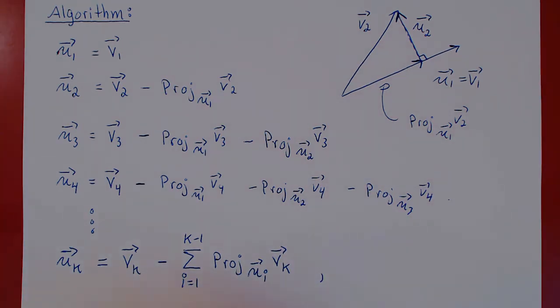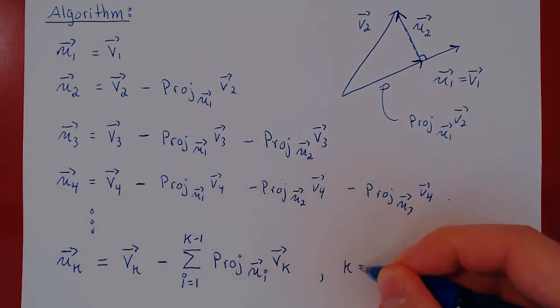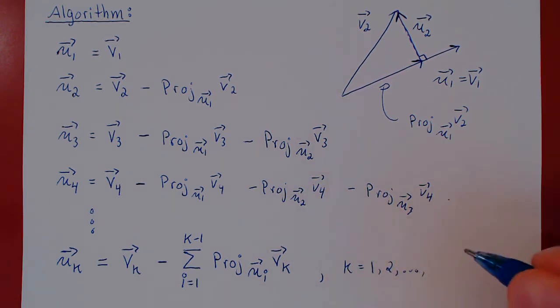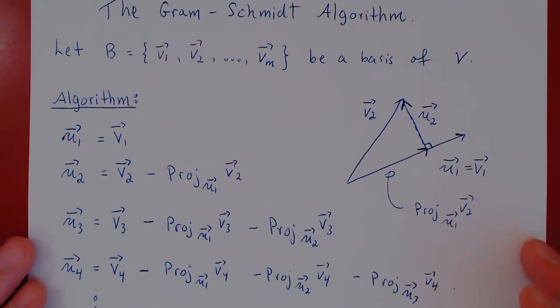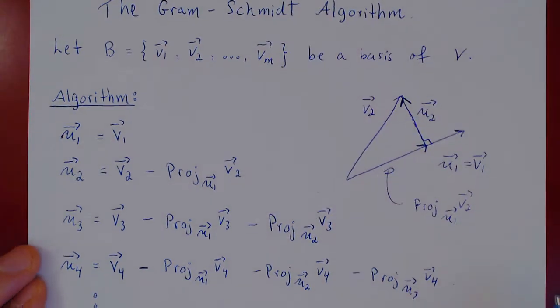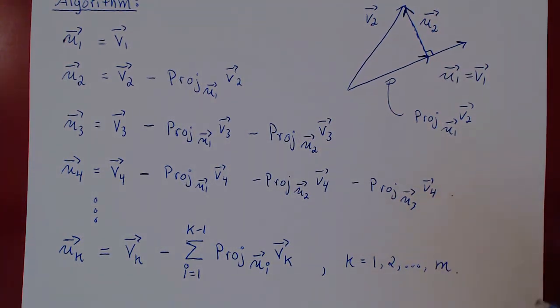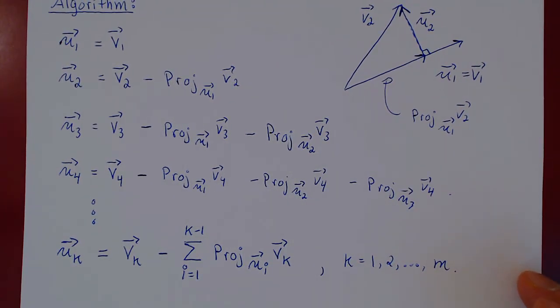And this, of course, will be for k equaling 1, 2, all the way up to, of course, the mth, because we assume that we had m basis vectors, so we'll end with k equals m. And now we have the algorithm, which we can write much more concisely.